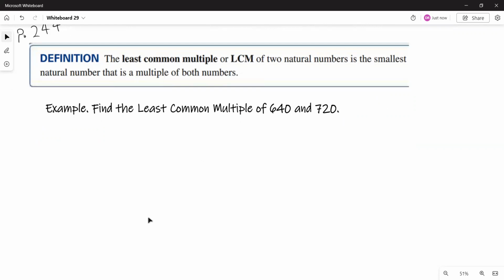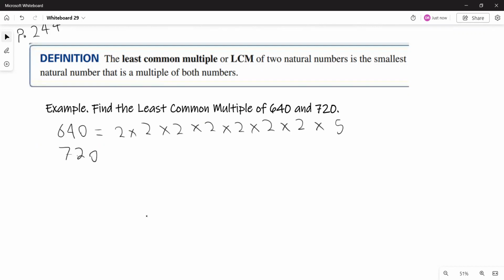So we found that 640 as a product of primes is a product of 7 twos and 1 5. And 720 as a product of primes is a product of 4 twos, 2 threes, and 1 5.